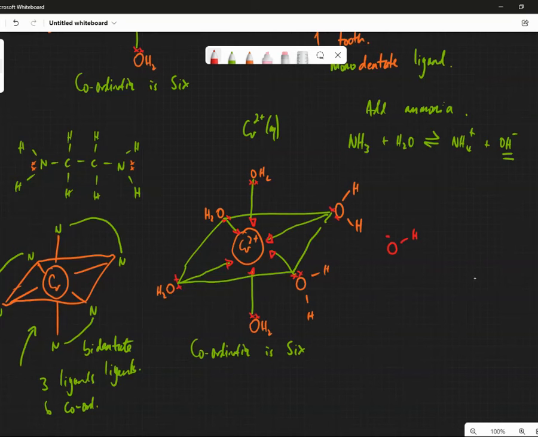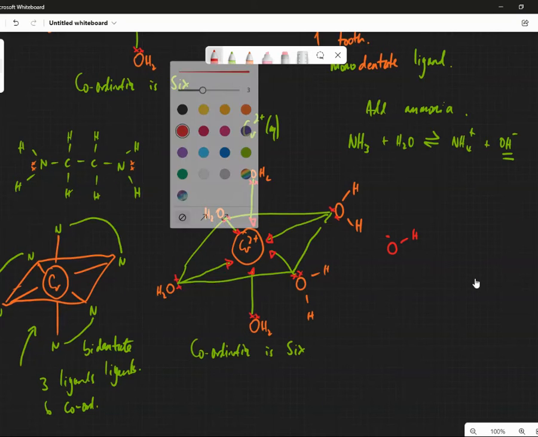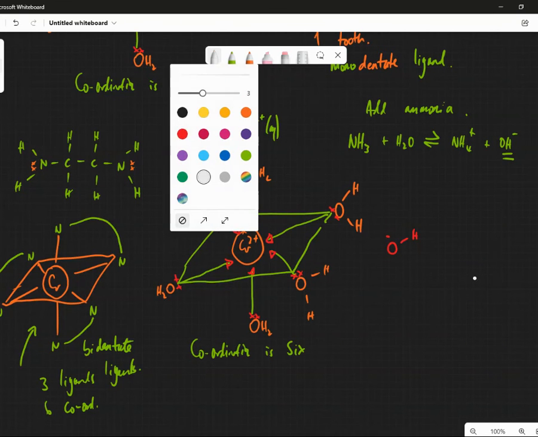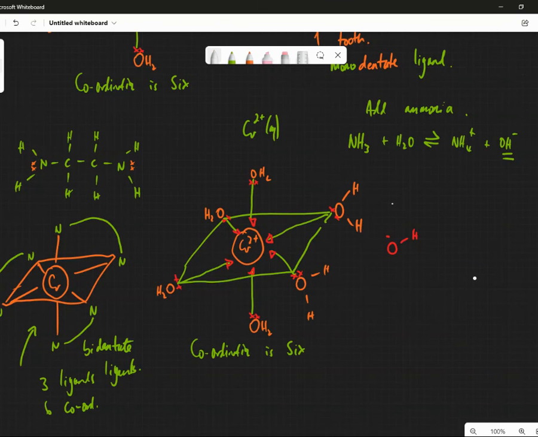Now, this is what happens: these electrons grab this proton, and these electrons go onto here. It happens to this one down here as well.